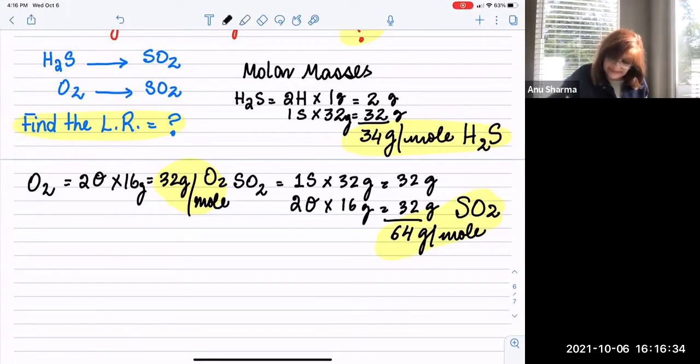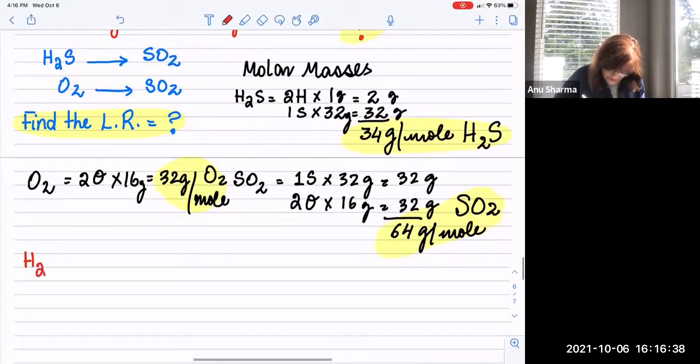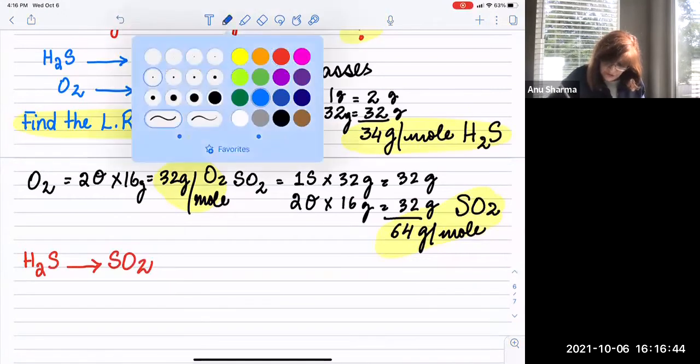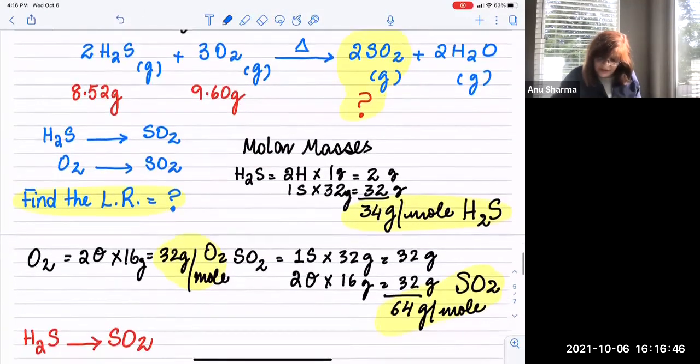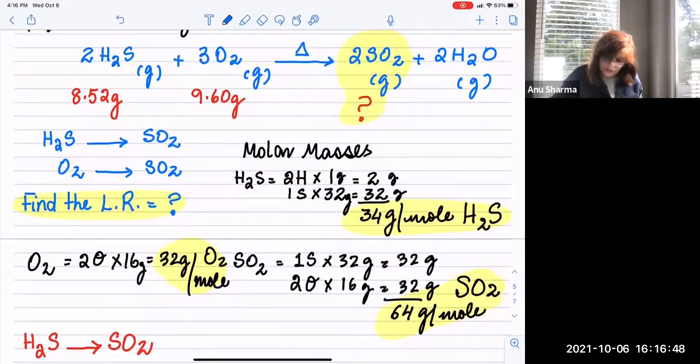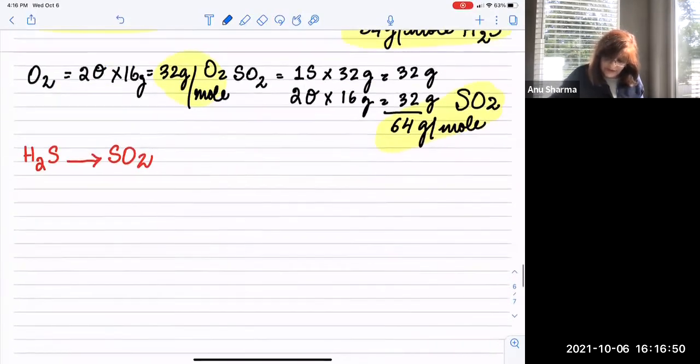All right, next, let's look at the relationship of H2S to SO2. We are given 8.52 grams of H2S.